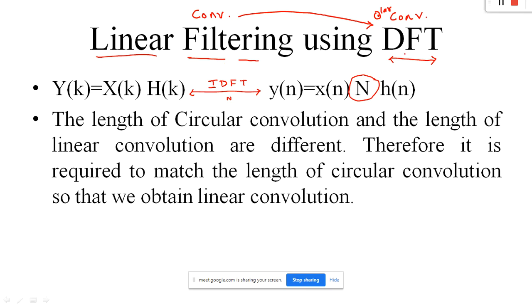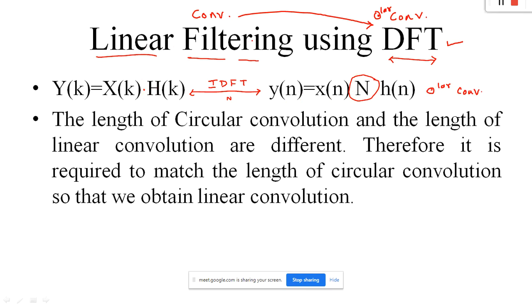Now, the point is very simple. If I want to use the DFT method, Y of k is nothing but the multiplication of two signals, that is X of k and H of k. So if I take the IDFT, what will we get? y of n is equal to, since it is a multiplication operation in the frequency domain, obviously this will be a circular convolution operation, right?